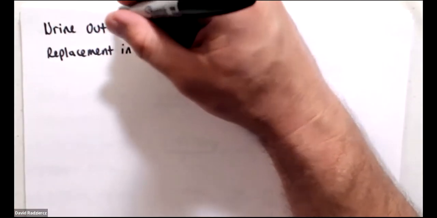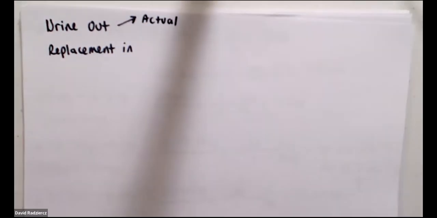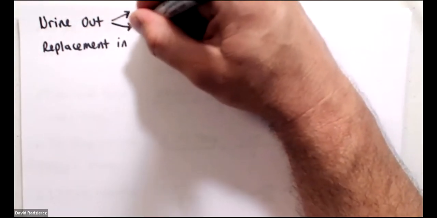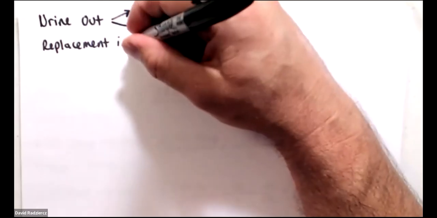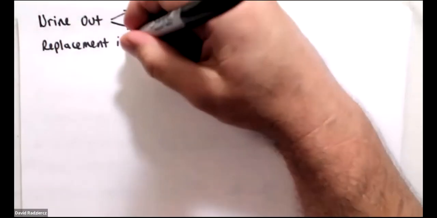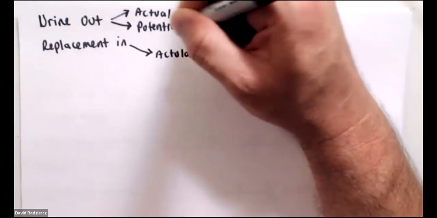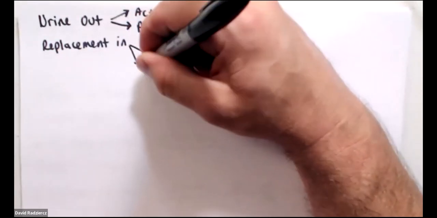There are two types of urine out: what actually came out, what was actually collected, and what I like to call the potential or the theoretical. This will all make sense in a little bit, and I apologize that I'm talking almost like semantics here. But then for your replacement volume, you have an actual replacement volume, and then you have what your potential is.